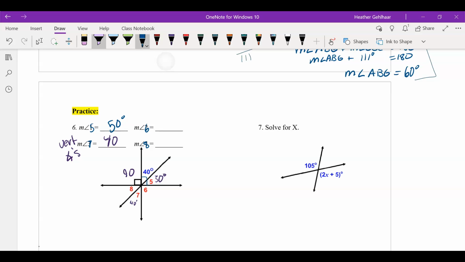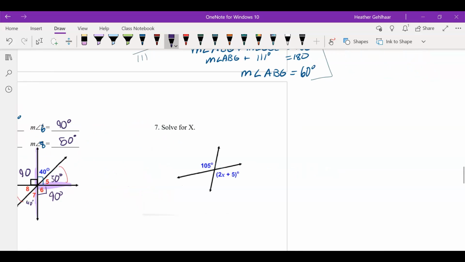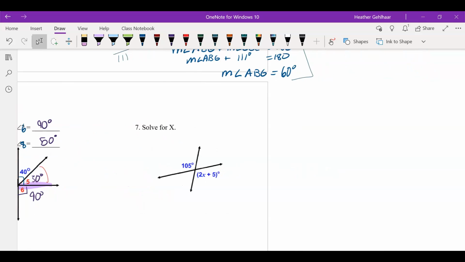And looking just at this here and this, that's also a linear pair. So this angle here is also going to be 90 degrees. So angle 6 is 90 degrees. Then left over we have the measure of angle 8. The measure of angle 8 is a vertical angle to angle 5, so that is also 50 degrees.